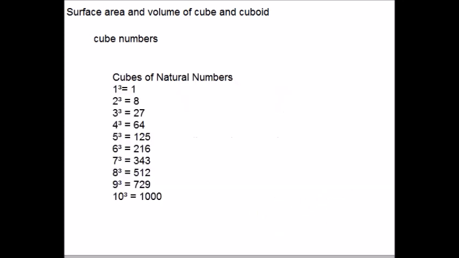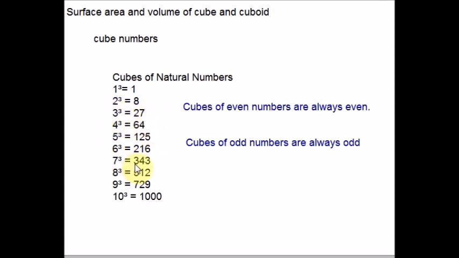Here is a set of cubes of natural numbers. I have given you the cubes from 1 to 10. Numerical value obtained after cubing any given number is called a perfect cube. Cubes of even numbers are always even and cubes of odd numbers are always odd. From this list you can understand that.